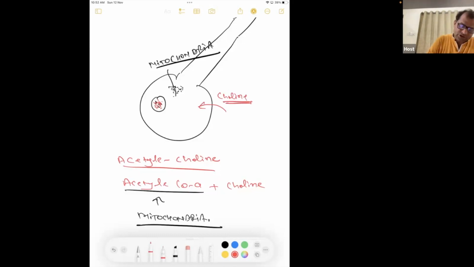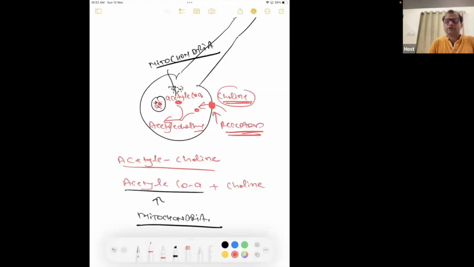Then acetyl CoA and choline get fused together and make acetylcholine. So again, it's very simple. Acetylcholine is made by two things. Number one, choline coming from the outside. For choline coming from the outside, there is one special gate, a special receptor, a special channel. From there is the entry of the choline.